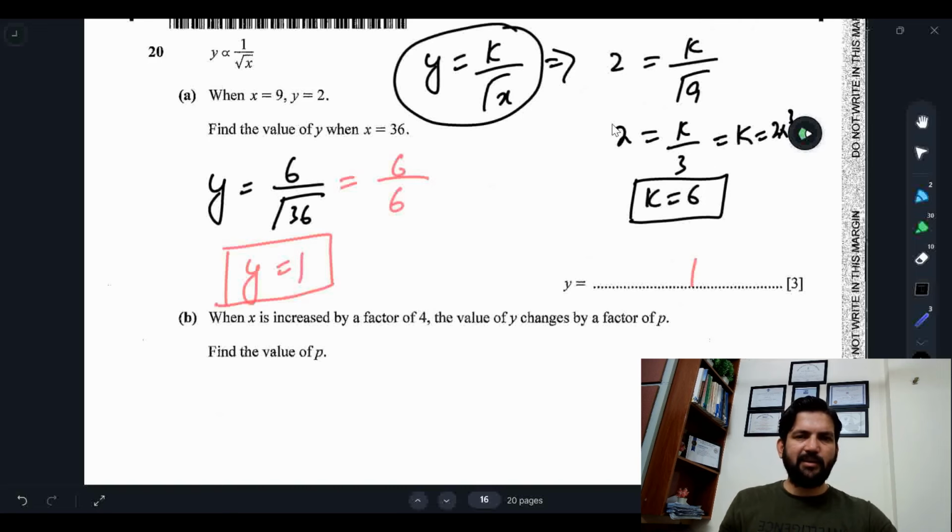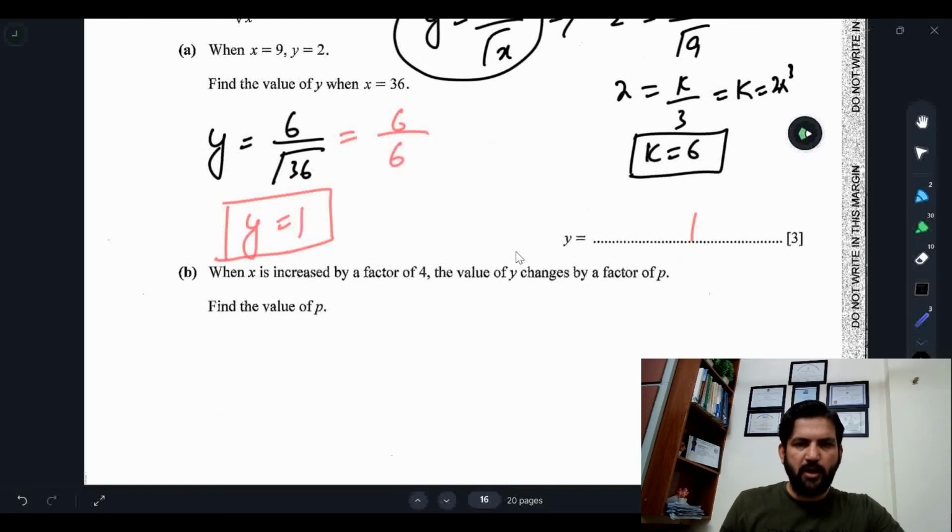When x is increased by a factor of 4, find the value by which y changes by a factor of p. Okay, fine. So basically they are saying x is increased by a factor of 4. It means that the new x is basically 4x.